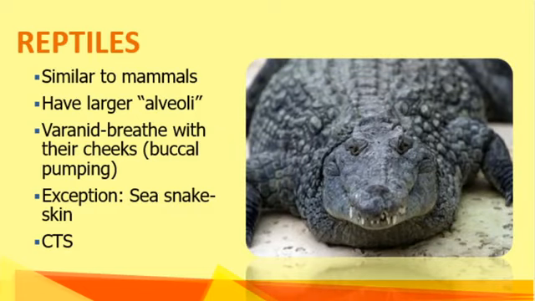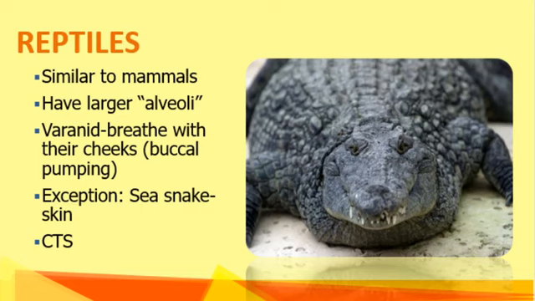For example, the varanid breathes with its cheeks, which is actually called buccal pumping. Isn't that very unique? We have an exception, the sea snakes, because they do their gas exchange through their skin. Reptiles also have a closed transport system.